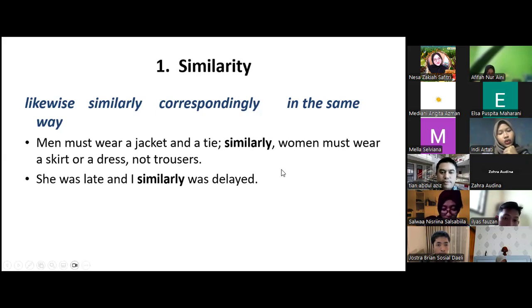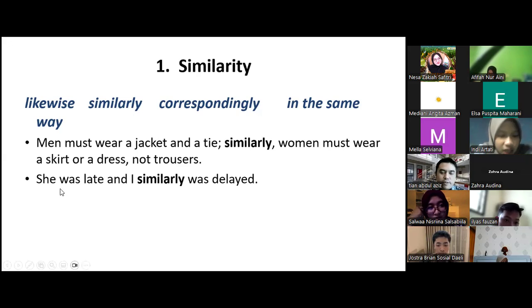Next, Zahra. Yeah, still on you, Zahra. She was late. Similarly, I was delayed. There are two similar situations.